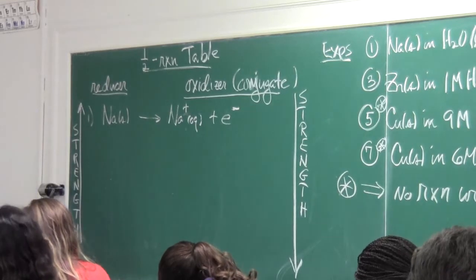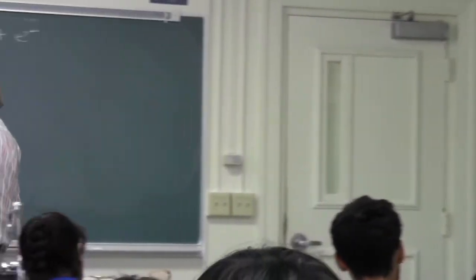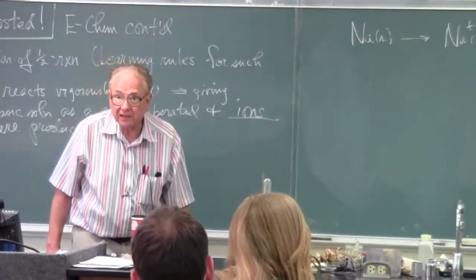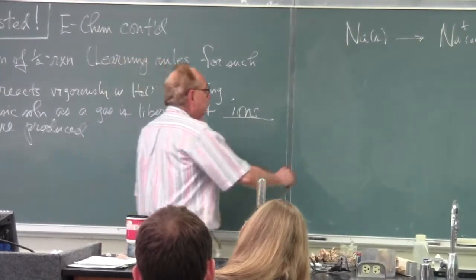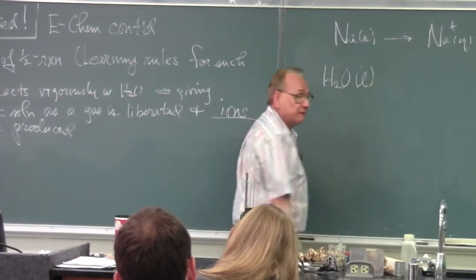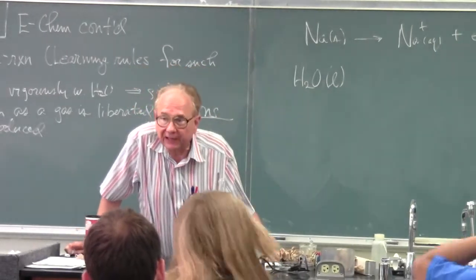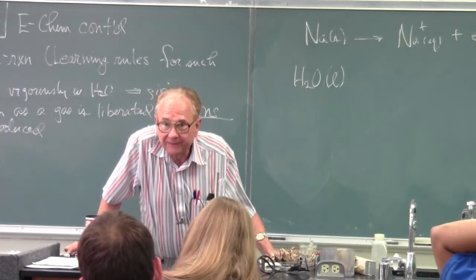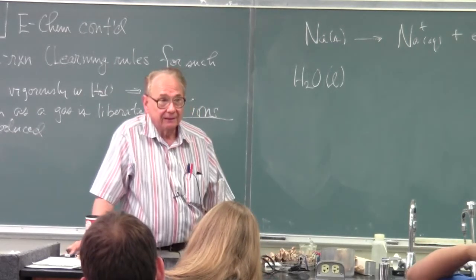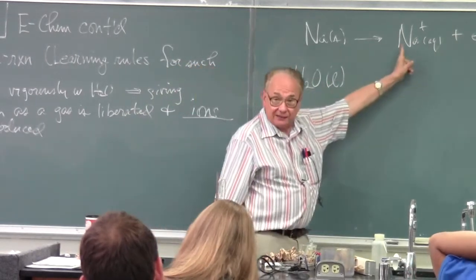What's the next half reaction? Well, sodium reacted with water. That's all we started with. So the next half reaction has got to involve water. And it's got to involve water in what capacity? Water behaving as a reducer or water behaving as an oxidizer? Sodium behaved as a reducer because sodium got oxidized, didn't it?